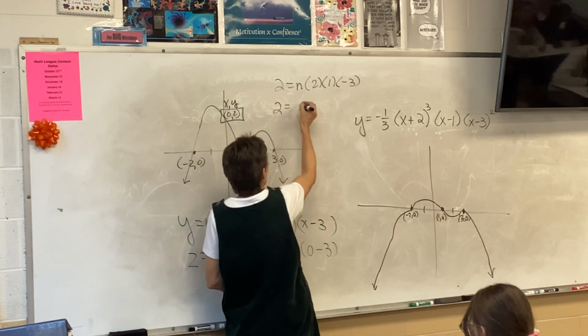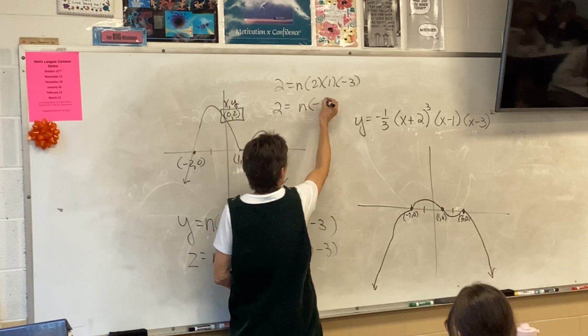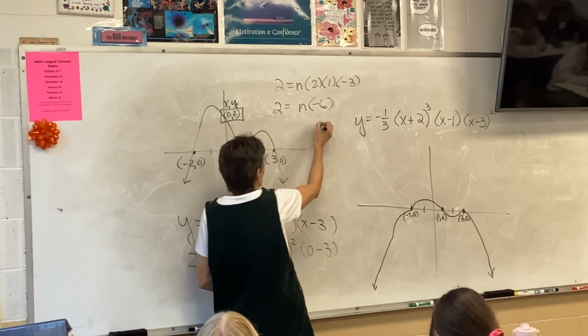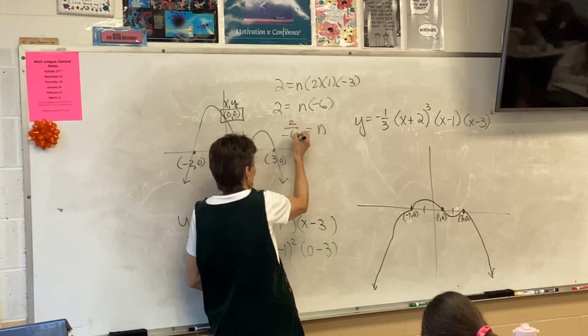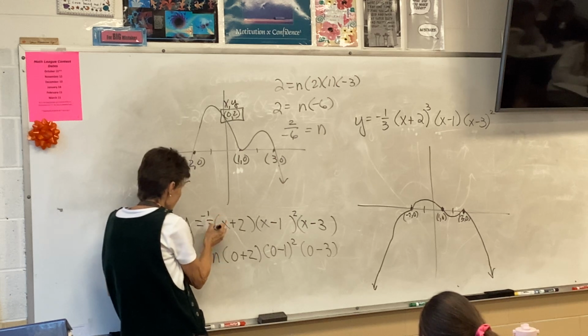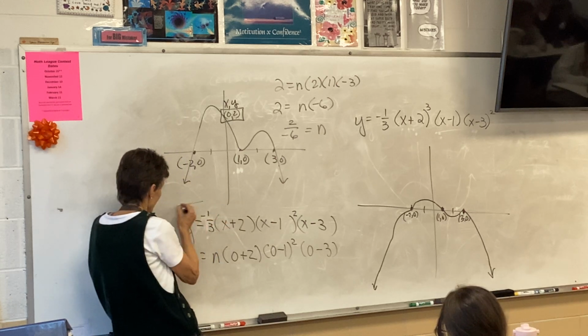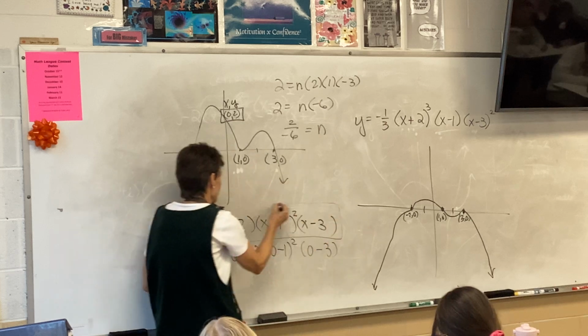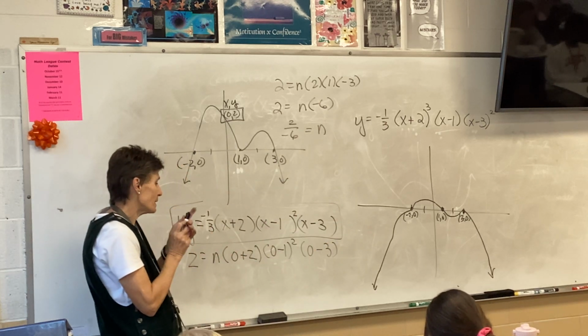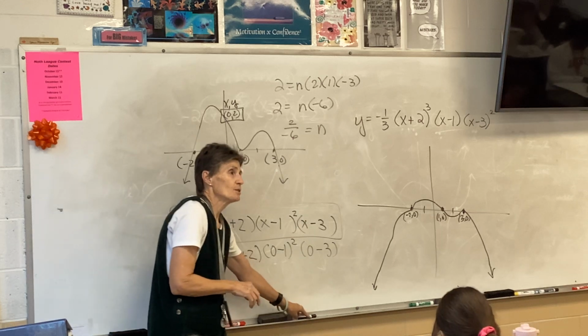So 2 equals n times -6. So n is 2 divided by negative 6, so what's my n? Negative 1/3. And there's your equation. So it's just like we did yesterday, just bigger.